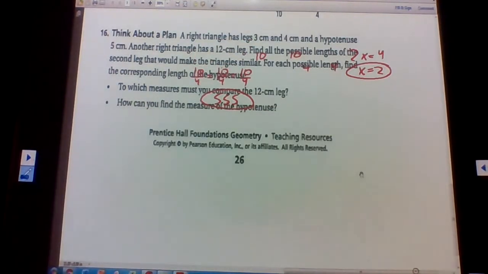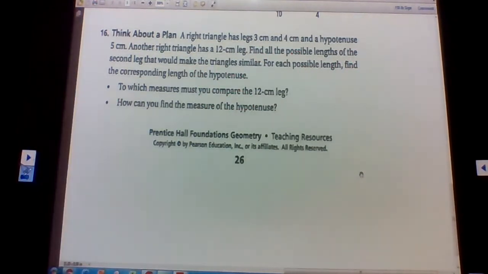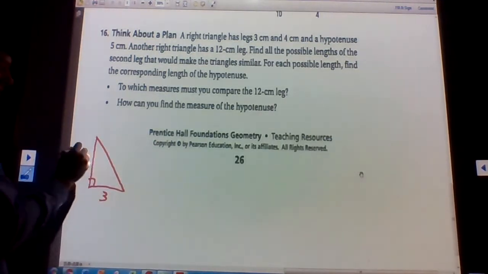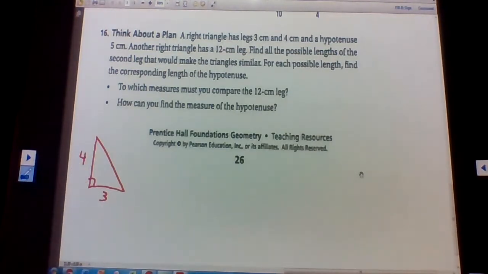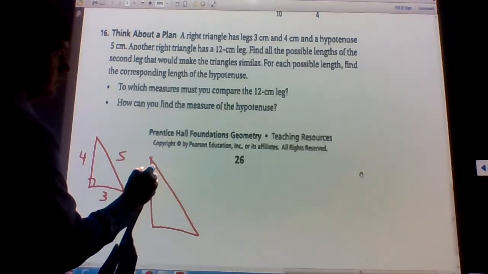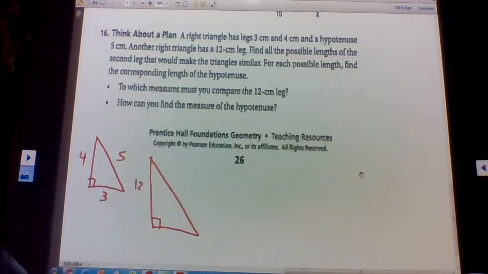Think about a plan. A right triangle has legs of 3 centimeters and 4 centimeters, and a hypotenuse of 5 centimeters. Another right triangle has a leg of 12 centimeters. Find all the possible lengths of the second leg that would make the triangle similar.